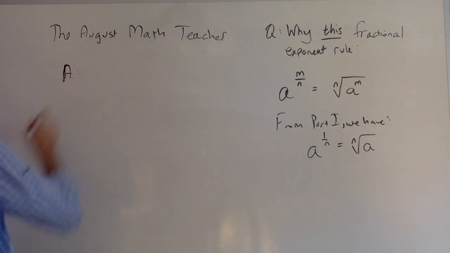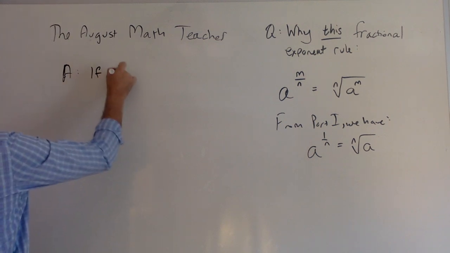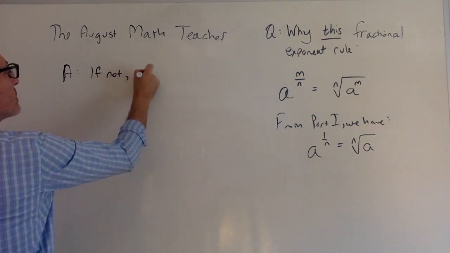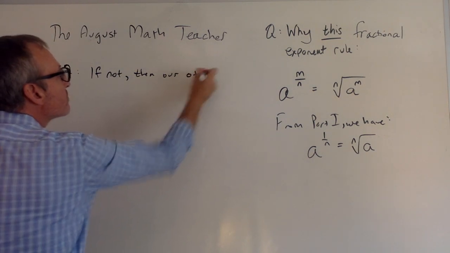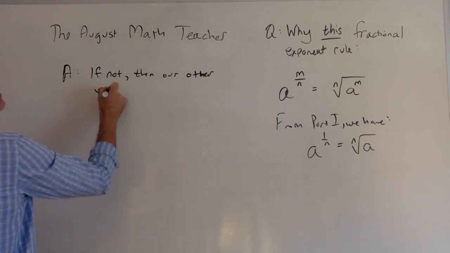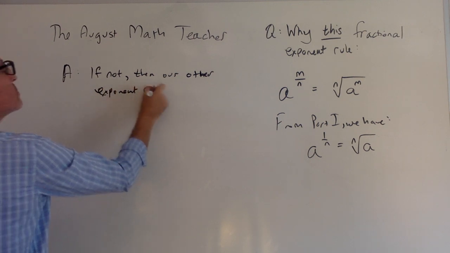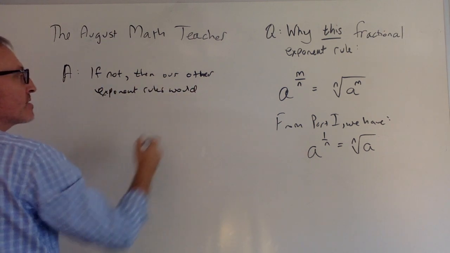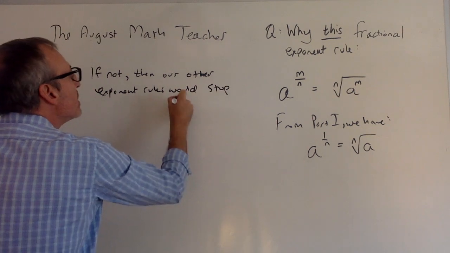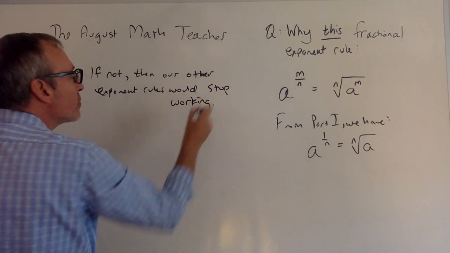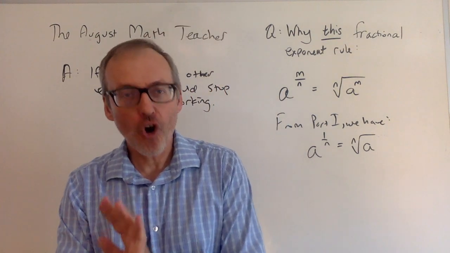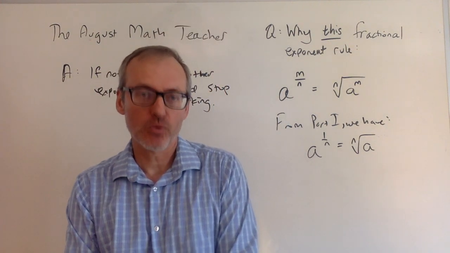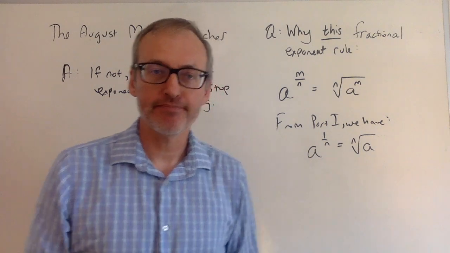The answer is, if we didn't do this, then our other exponent rules would stop working. And that would be a disaster. We don't want our old exponent rules to stop working just in certain cases. We need it to always be the case that our exponent rules work seamlessly.